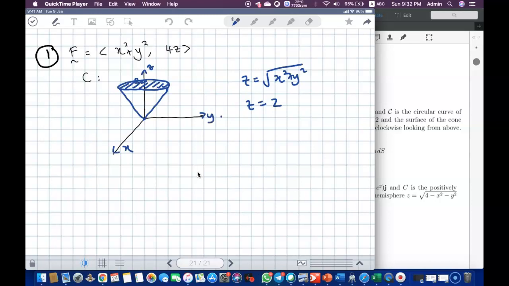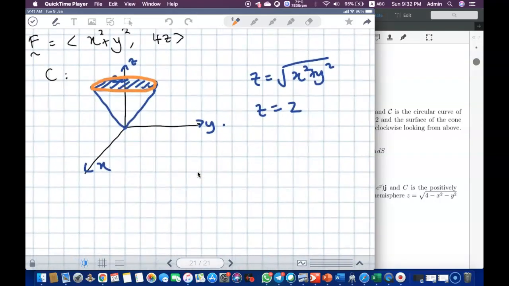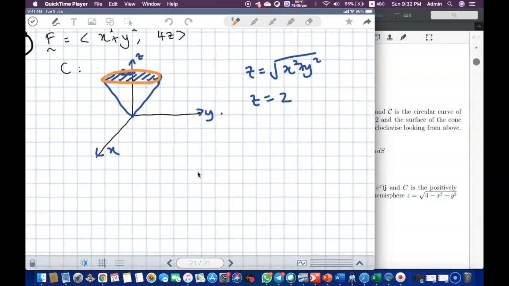So when we are thinking about the curve, where is the curve? So the curve is this one. That is the curve, the boundary of the cone. Then what is the size of the circle? So we need the radius.